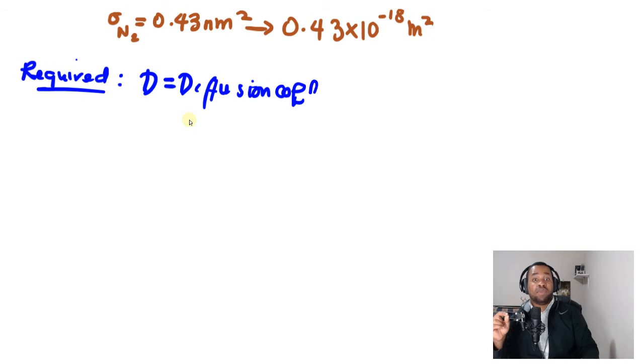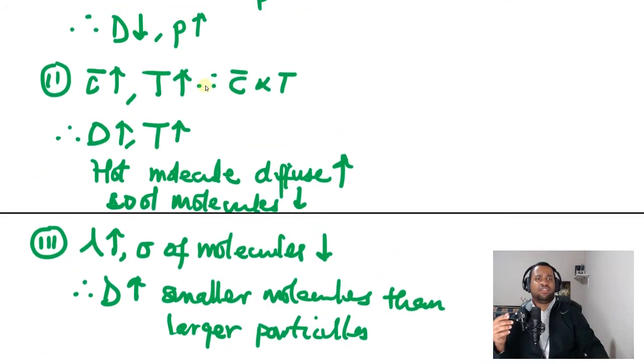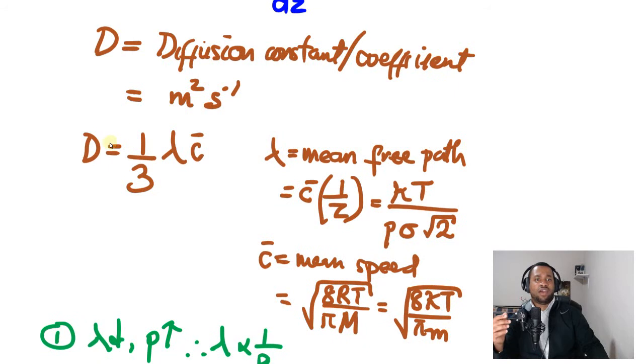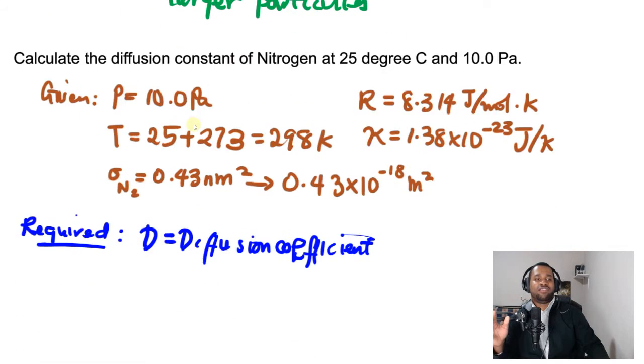This will be important based on our derivation and our analysis from our previous video, where our diffusion coefficient is D equals 1/3 lambda c-bar.